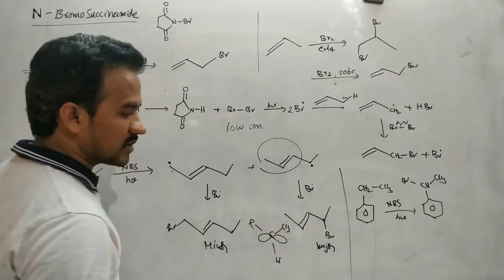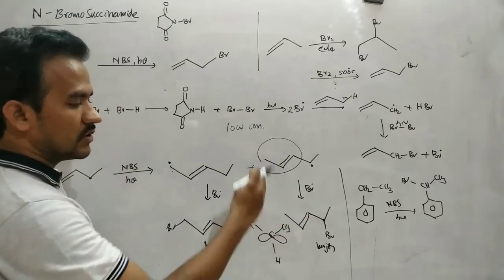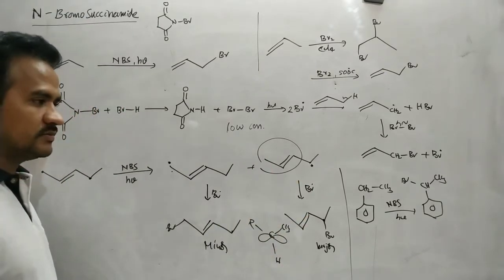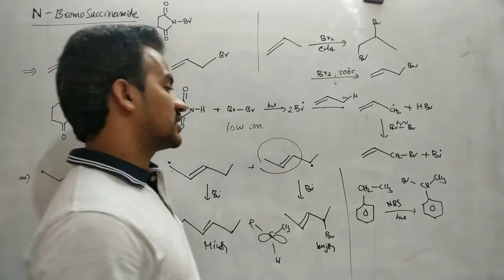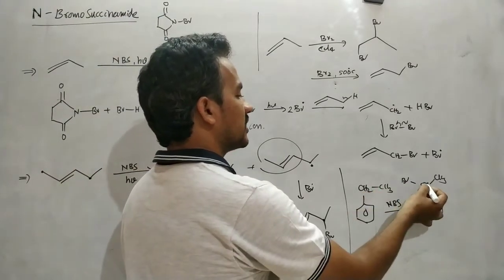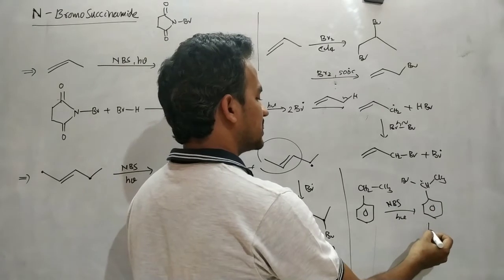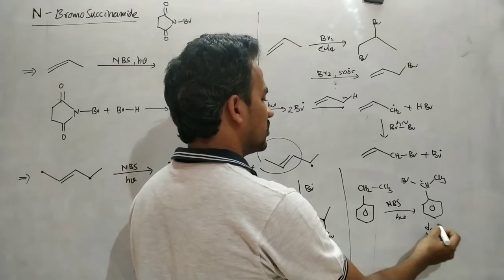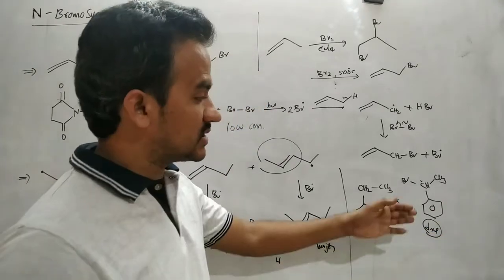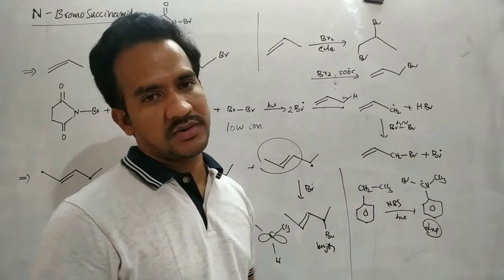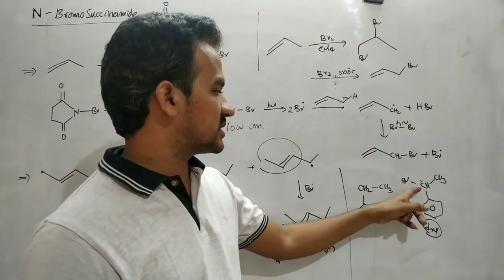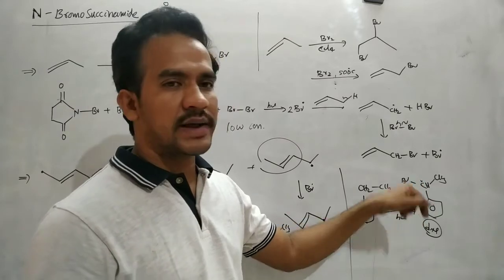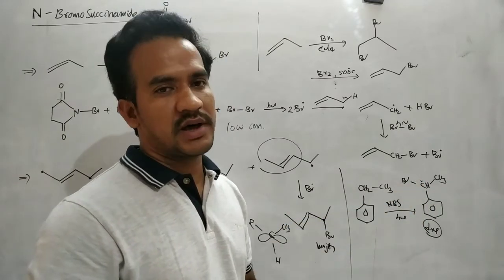The chiral carbon is generated, and either dextro or levo isomers are formed. In this case also it is a chiral carbon, and dextro plus levo isomers are formed, so a mixture of two products results, because this carbon is converted into a chiral carbon by the attack of the Br radical.